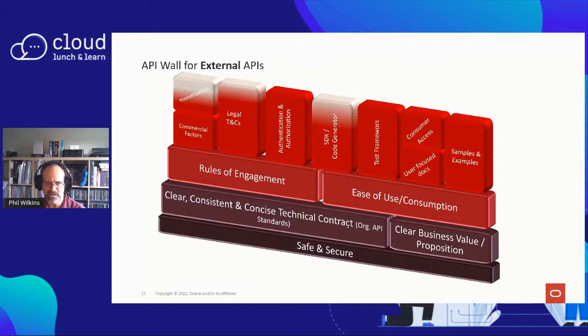But it gets weaker. The API specs get weaker when we look at all the other areas that people think about or might want or need when using APIs. Now, this particular view of the wall is geared up for external use cases.